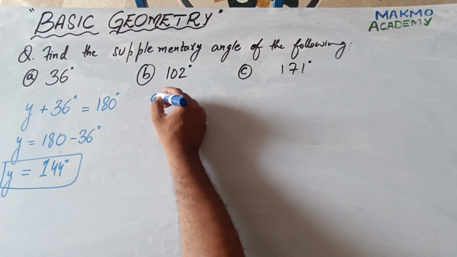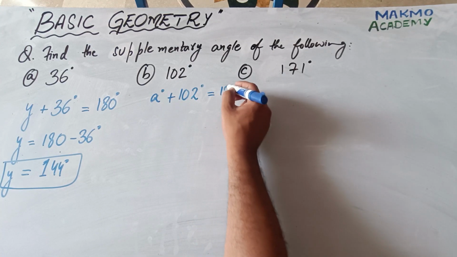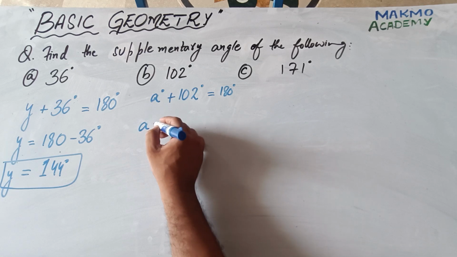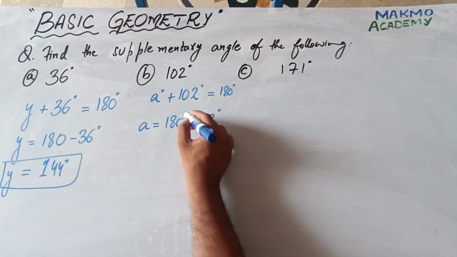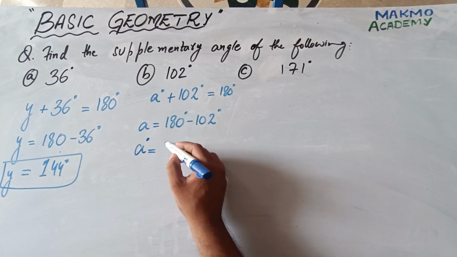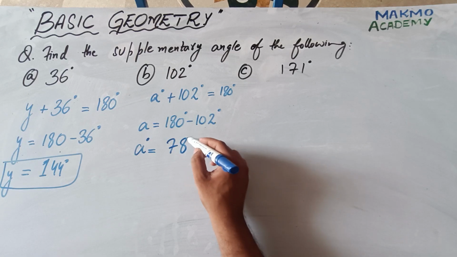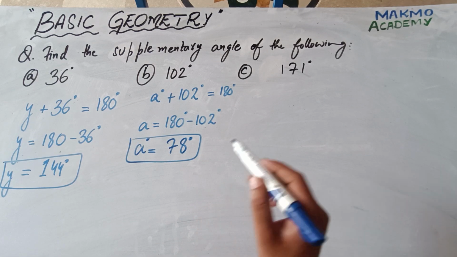And the same will happen over here. You can take any variable, A plus 102 is equal to 180 degrees, then A is equal to 180 minus 102. So the final answer of the second supplementary angle would be 78 degrees. And the same will happen over here.